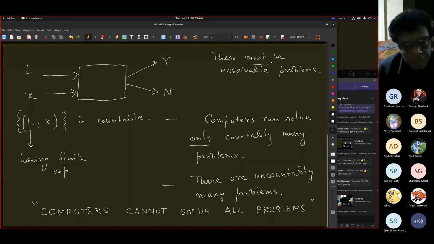But this is actually a negative thing about computers. I would say that this should not come as a surprise to you. Can you represent all real numbers? No. It's exactly the same thing here.